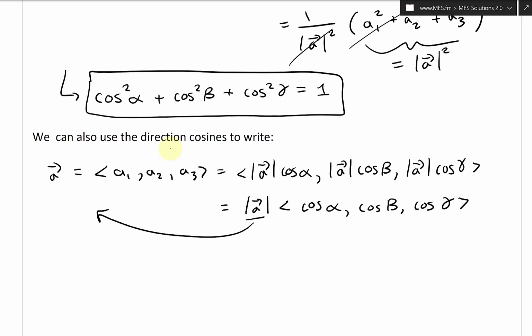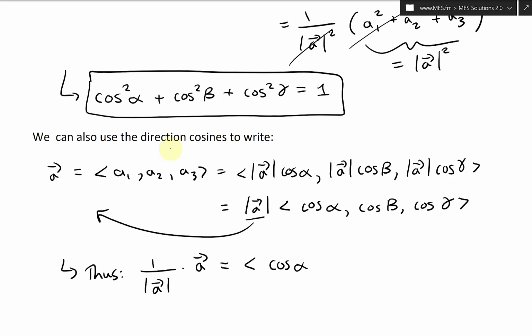So what we get is 1 over the length of the a vector times the a vector is equal to the direction cosines: cosine alpha, cosine beta, cosine gamma.